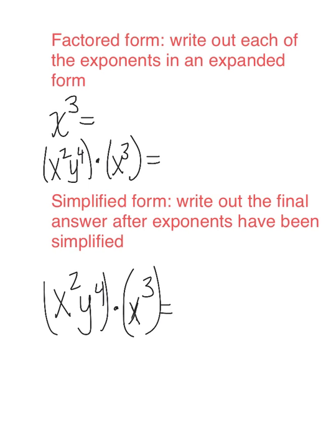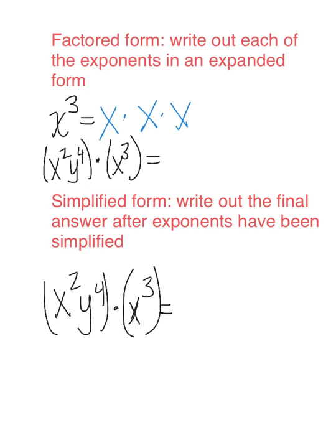So for the factored form, if you have x cubed, remember, x is our base, and the 3, or the cube in this case, is how many times you're multiplying it. So it's x times x times x, and that's your factored form. For the next one, x squared times y to the 4th, multiplied by x cubed.